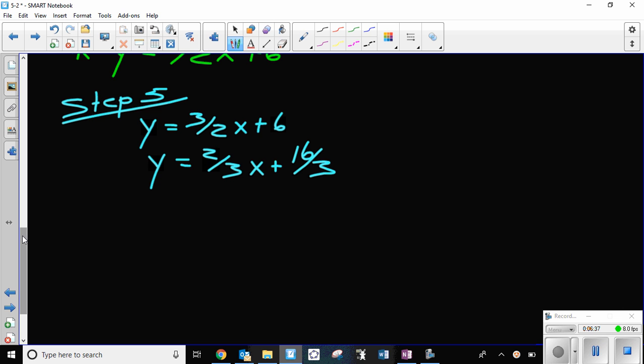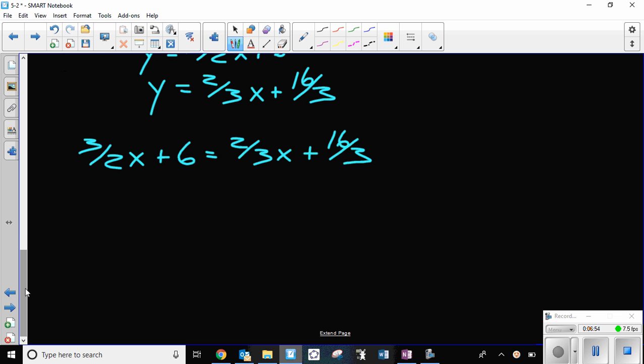So I've got 3/2 x plus 6 equal to 2/3 x plus 16/3. We got lots of fractions going on here, so we need to get some common denominators going.